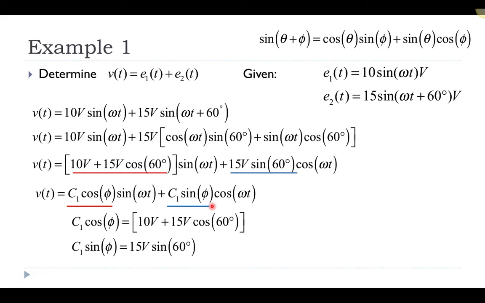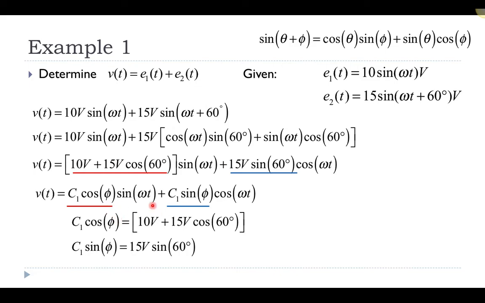I can call them anything I want, and let's just see if this works. If this is true, then these two terms underlined in red have to be equal, and the two terms in blue are going to have to be equal to one another.